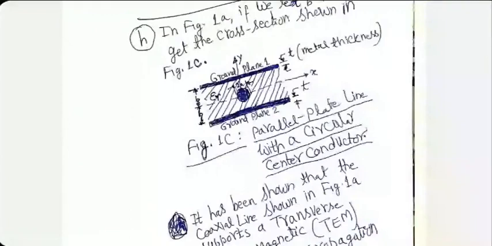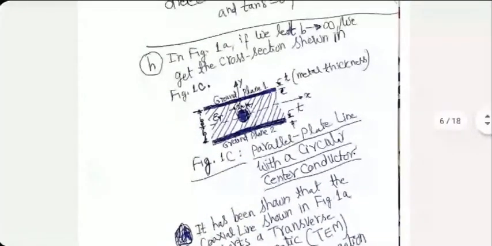This is how engineers at Bell Labs started thinking in those days. Now, this is not easy to realize also. It is too much work to put a circular conductor between two conducting planes. So they said, why can't we make the circular conductor in the middle also have a rectangular cross section?